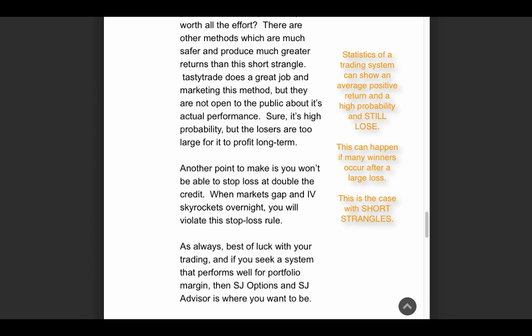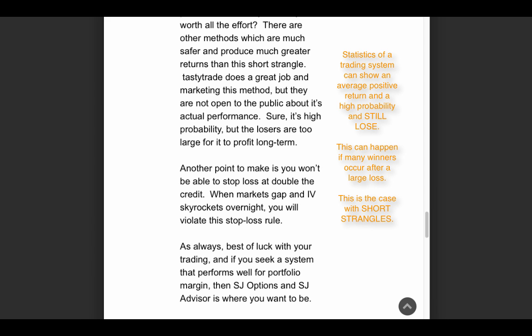Because, as I said, you may sustain enough of the 12% losers in a row, like for 1 year, and then your net liquidation goes down, and then when you start to make all the profits, it still could come out to a losing strategy. Even if your average trade is a winner, you can still lose money over time, okay, with some of these strategies. So hope you can understand that concept and take that to heart.